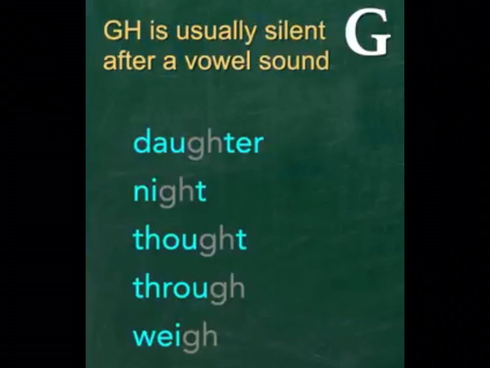Here, before the GH, we have a vowel: A, E, I, O, U. If the word has any of these vowel letters, we do not pronounce the GH. The GH in this case is silent. Again, daughter, night, thought, through, and way.